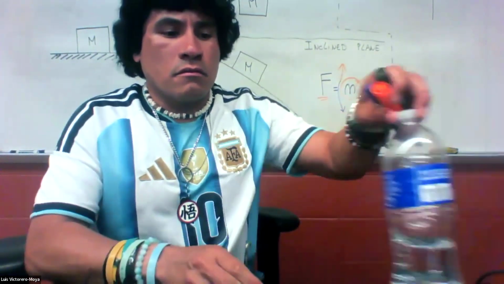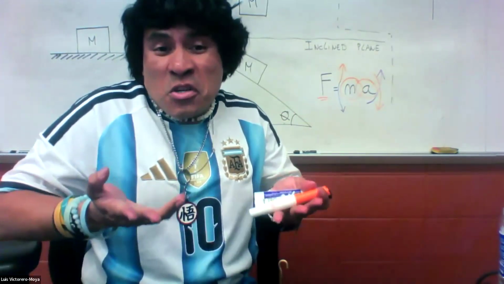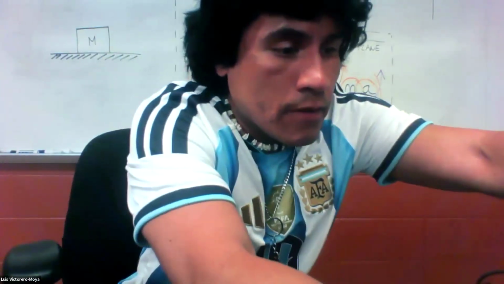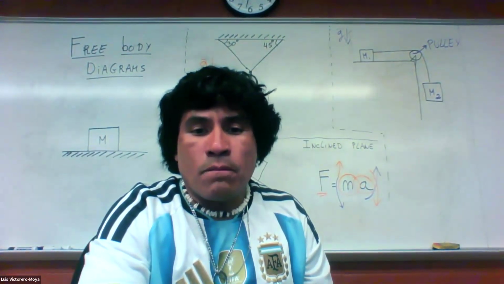See that? Now, of course, there's friction, but still, right? For the same force, this will accelerate less than the water bottle. It's plastic. All right. So that is Newton's second law.